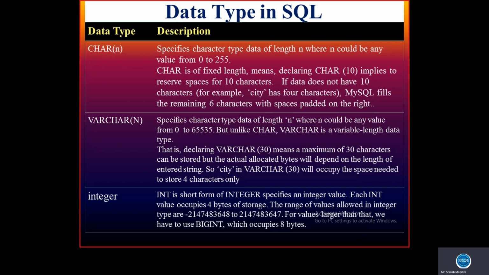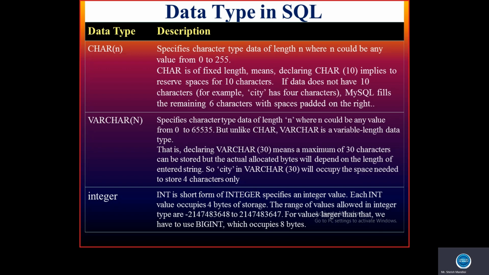If a city has only 4 characters, the remaining 26 will not be used. Only 4 characters occupy space in memory. This is the difference between character and varchar.